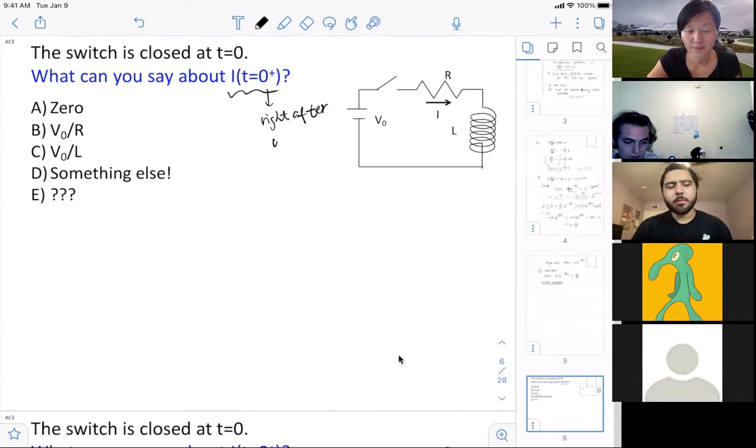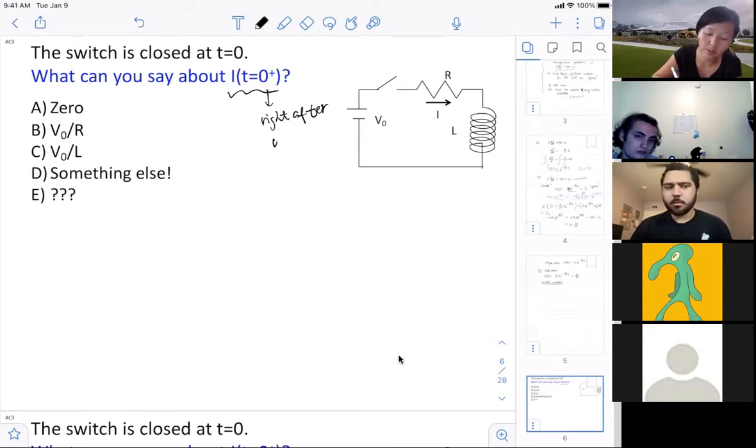Yes, it will try to oppose the change. So you will not be able to have a sudden change of your current if you have an inductor element in your circuit. Very good. It cannot go from 0 to non-zero in an instant. It will take time to change.